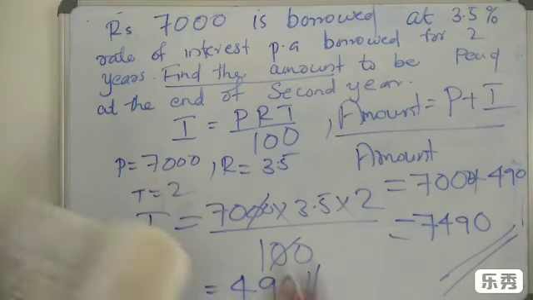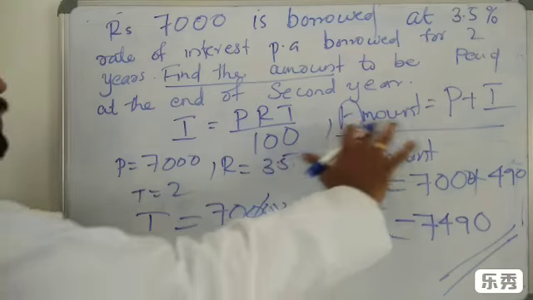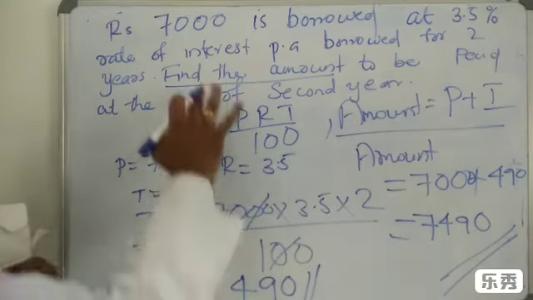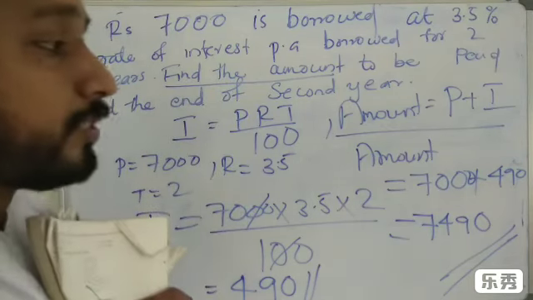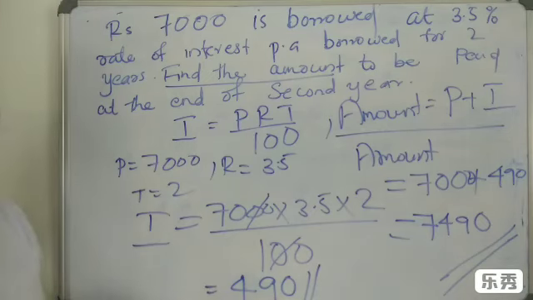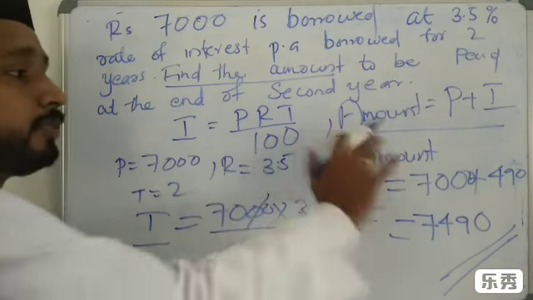Amount means principal plus that interest. So interest is equal to PRT by 100, and amount is equal to P plus I. You have to keep in your mind these two formulas.